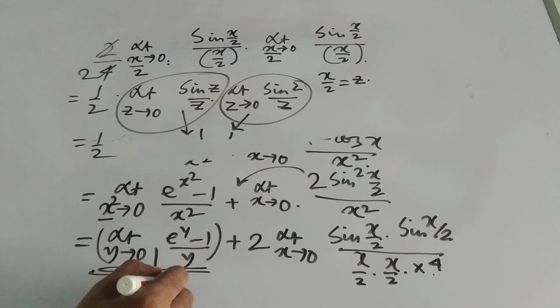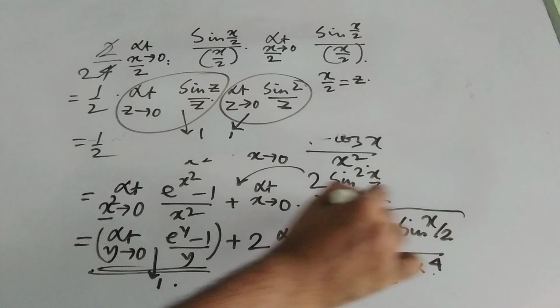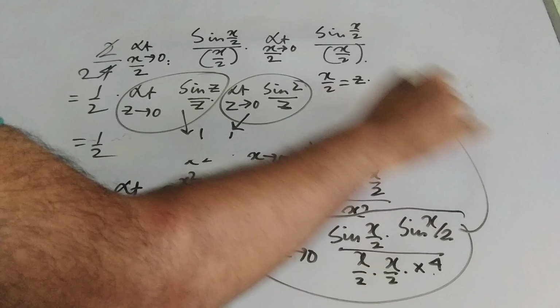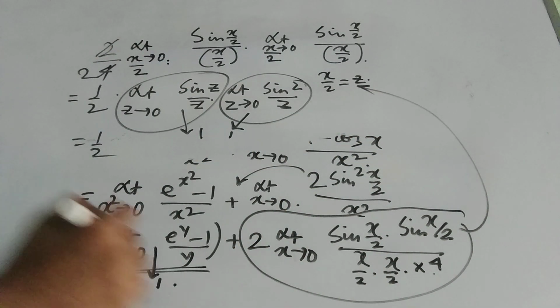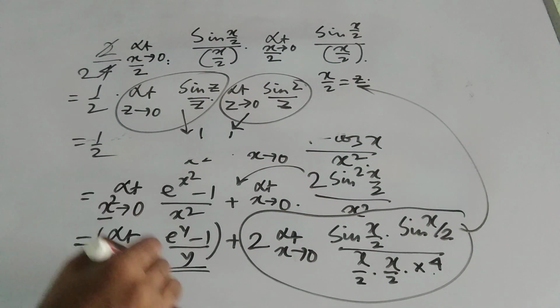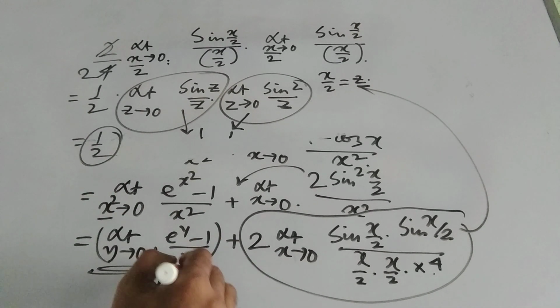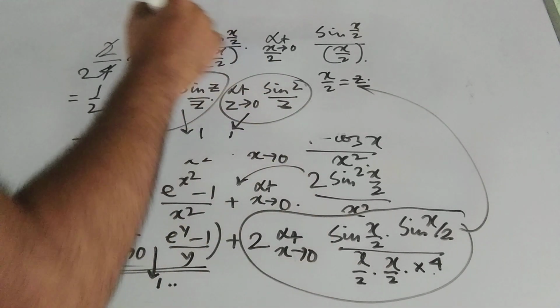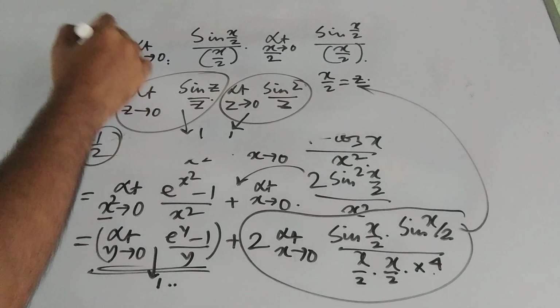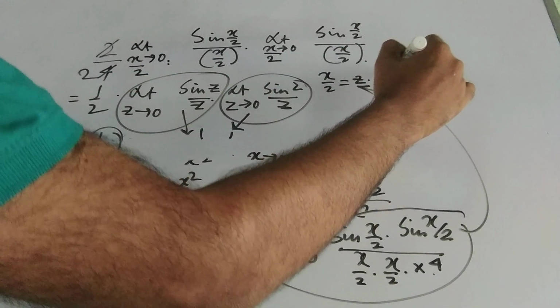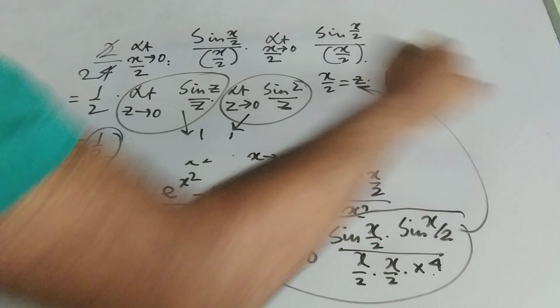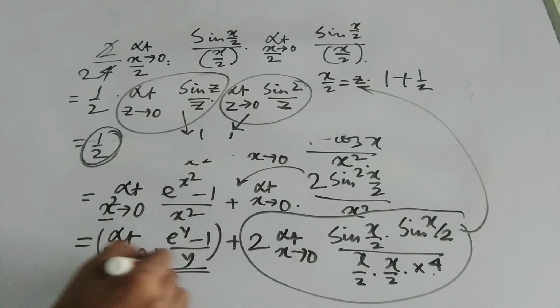Which is getting added with this expression, right? Because I am evaluating this expression only here, right? So my final answer will be 1 plus this expression that I have evaluated. That means it will be 1 plus half. My final answer will be showing as 1 plus half, because this is half and this is 1.